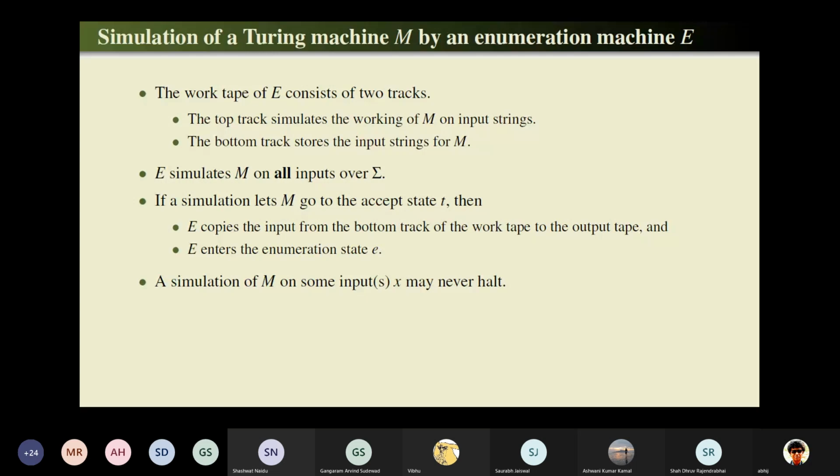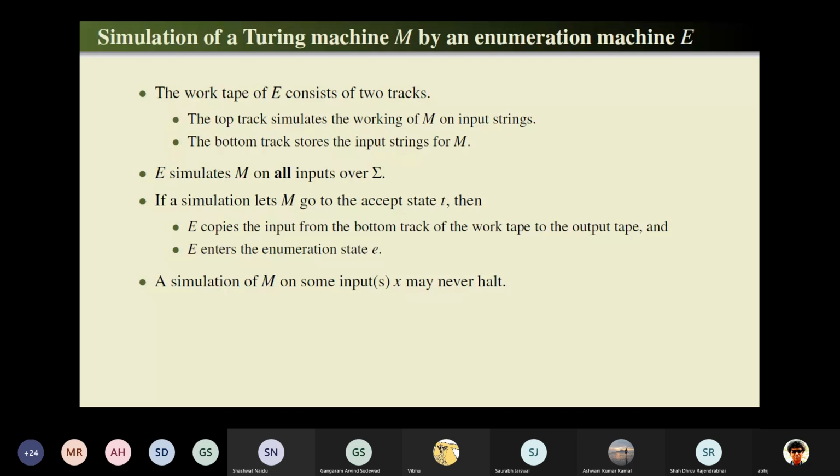On some inputs, it may loop. And if that happens, the simulation of M by E on that particular input will never end. So how will E find out whether the next string is going to be accepted or not? There is a problem, right? You understand?